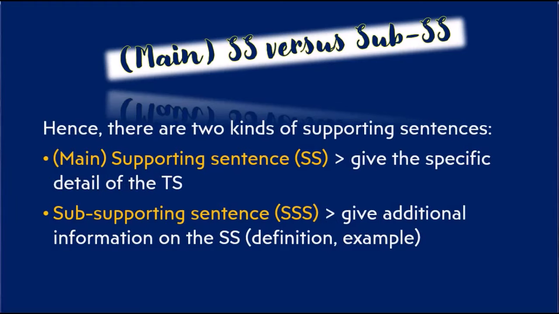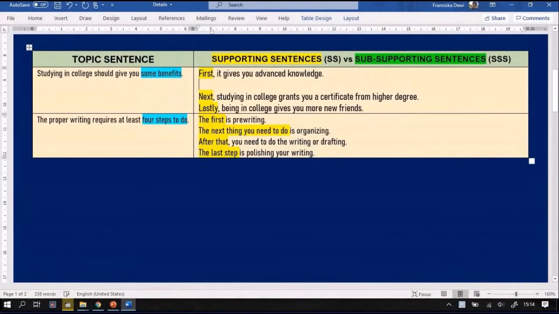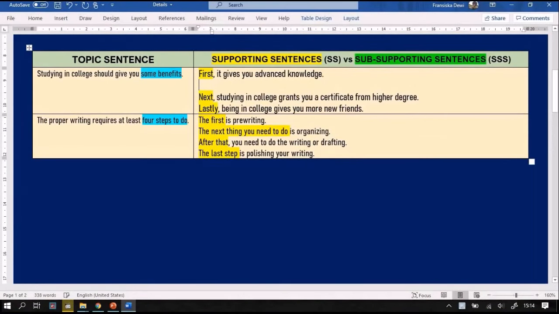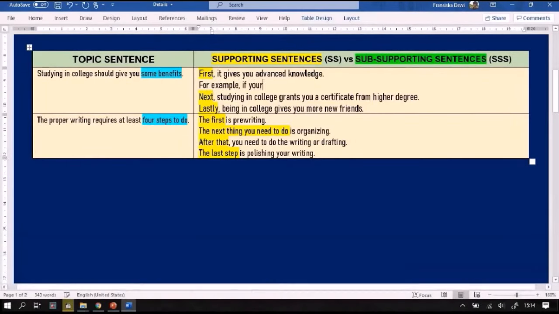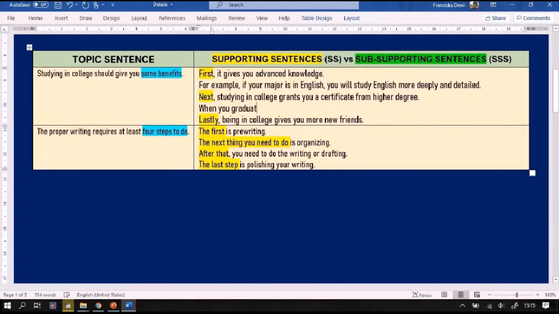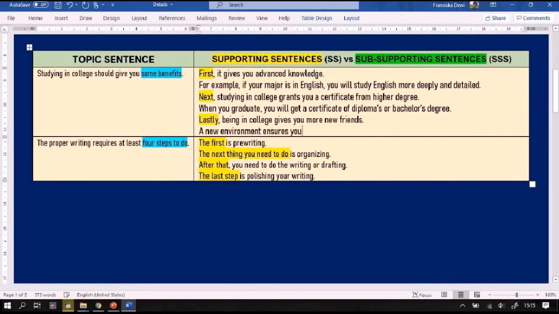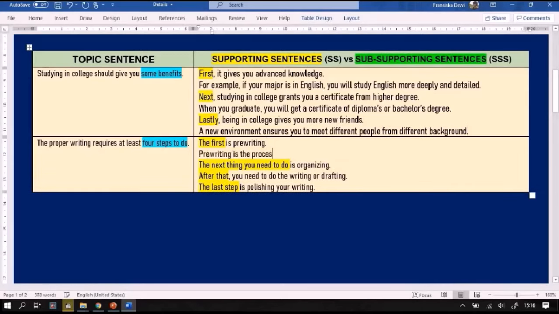Alright, now based on the previous supporting sentences, I'm going to make the sub-supporting sentences by taking two examples only. Right now I give you the example or definitions from each of the supporting sentences here. I will only give one sub-supporting sentence for each supporting sentence, and later we will see how it will look different from the previous one if you only have supporting sentences in your paragraph.